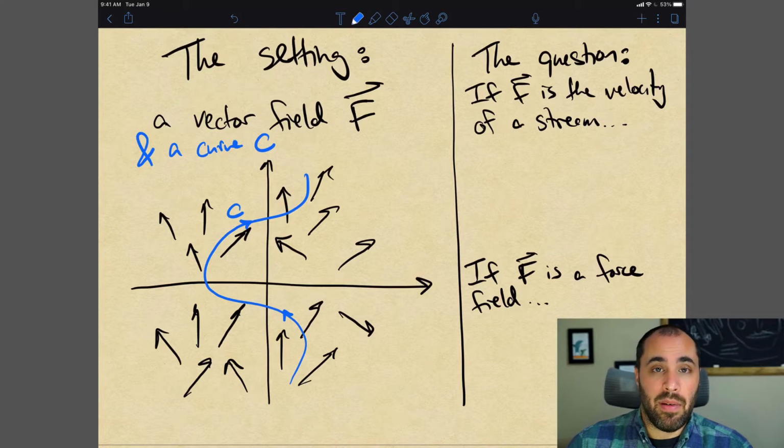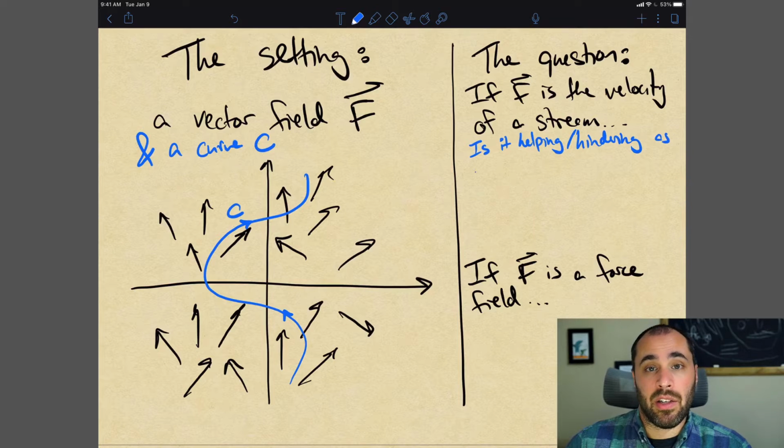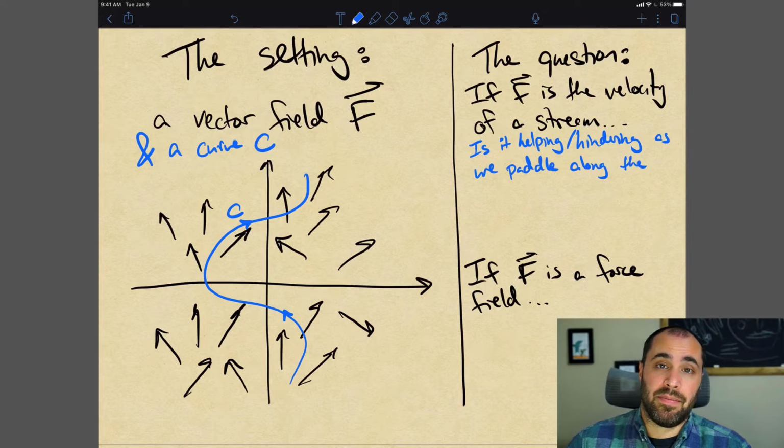So a good way to think about what these integrals will be asking is these questions. For example, if f is showing us the velocity of a stream, we might ask, if we're paddling a canoe along the path C, is the stream helping or hindering us?